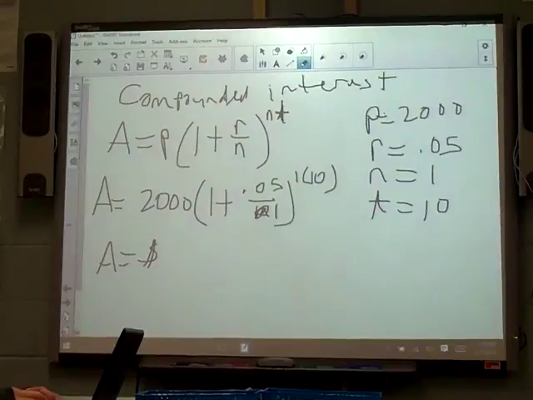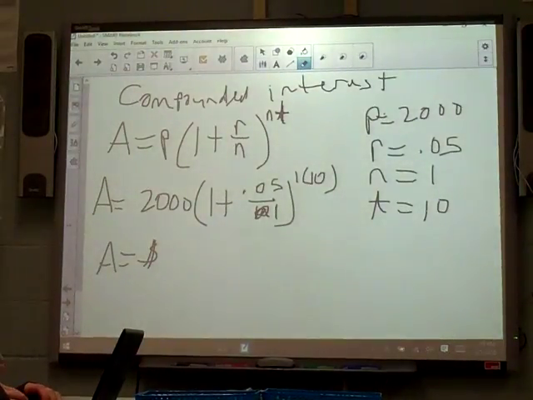They got it? You got a 0.5 instead of 0.05.